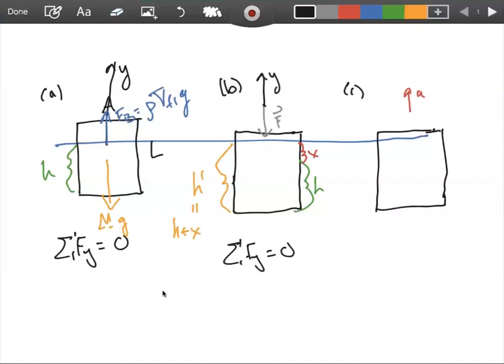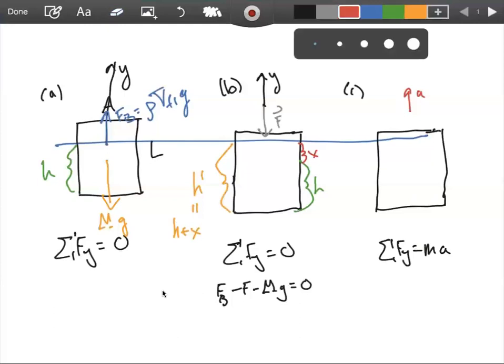The only difference here is now I have 3 forces, as we talked about in class. I'm going to get the buoyant force minus the applied force of F minus the weight is equal to 0, but here it's no longer going to be equal to 0. I now have the sum of the forces in the Y direction equal to MA, with all the other forces acting on it.